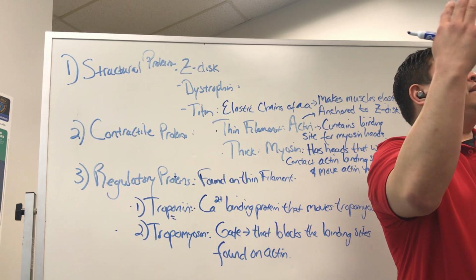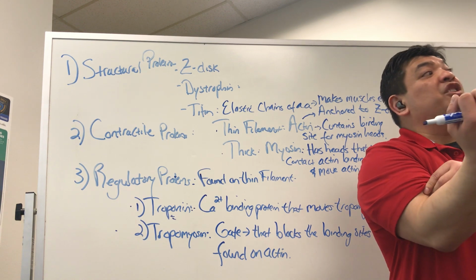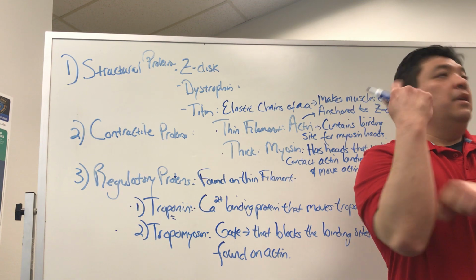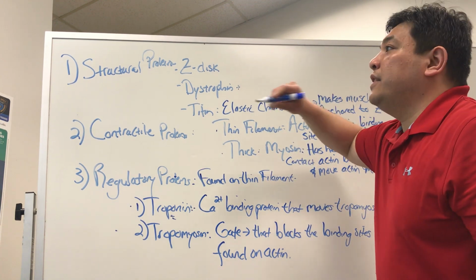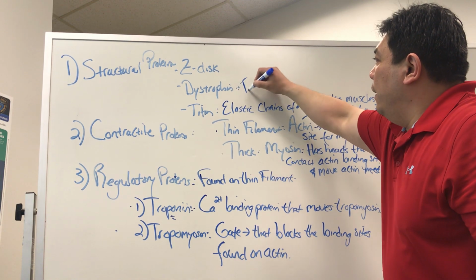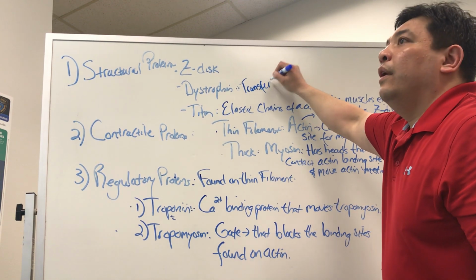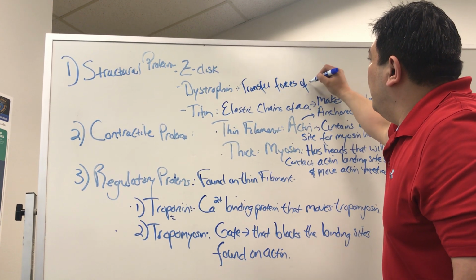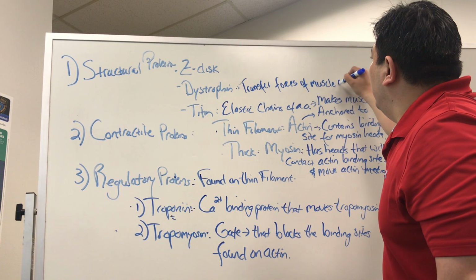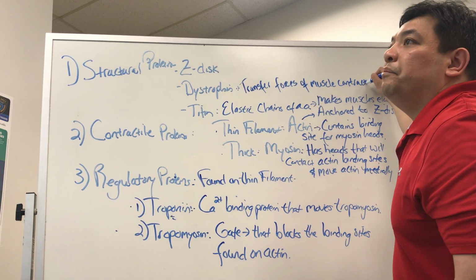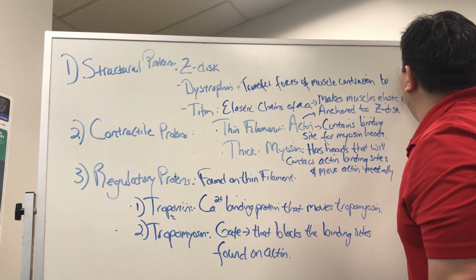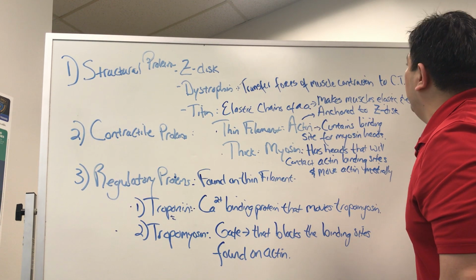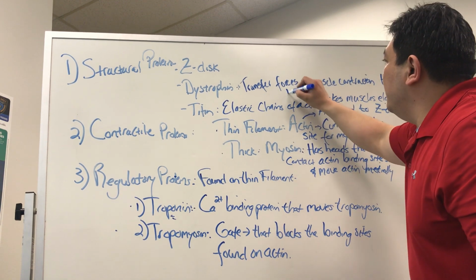Because the cell itself doesn't shorten, you don't create tension on the tendon, and you don't have the bone actually move. So this dystrophin allows us to transfer forces of muscle contraction to the connective tissue of the muscle and eventually to the tendons.